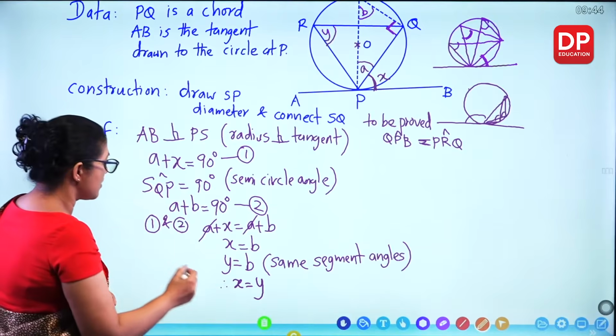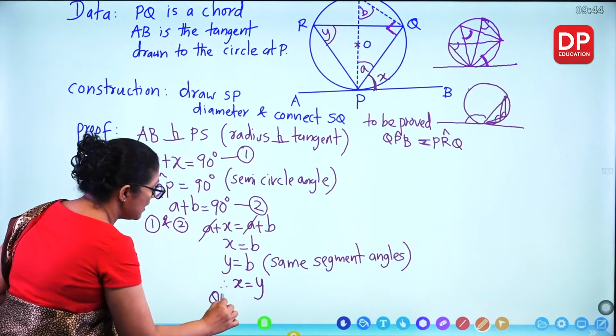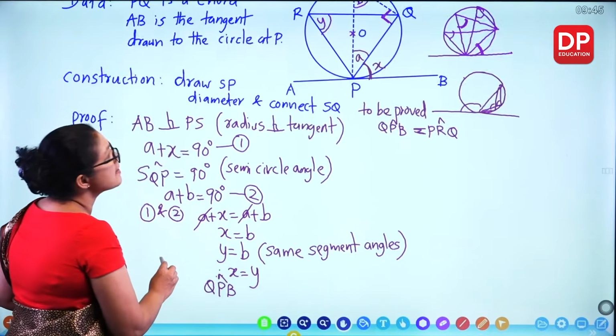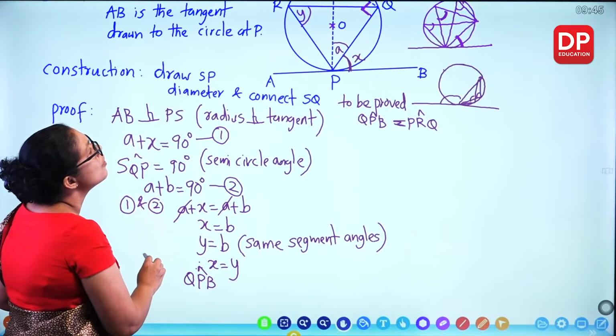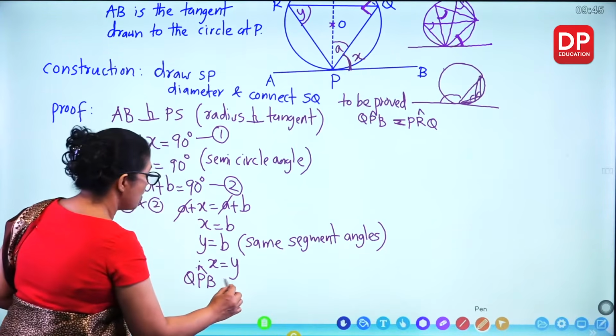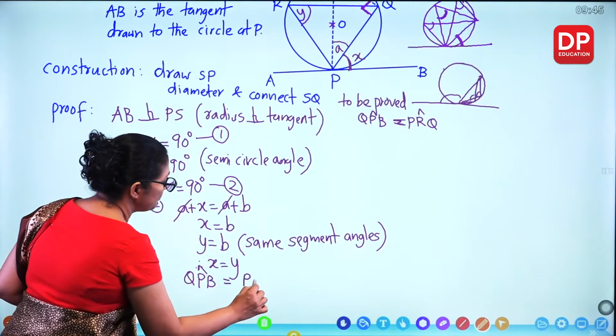So this angle is equal to this angle. X is QPB angle, which is equal to PRQ angle.